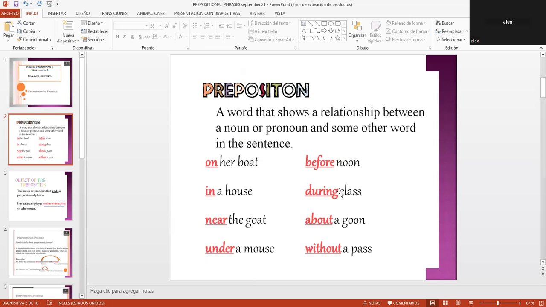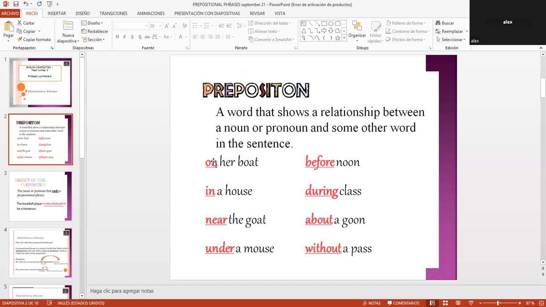Okay. So the preposition is something that describes the subject before talking about the subject, basically. In some cases, it is indicating a place or a time. For example, here, on her boat, the preposition is indicating place. Here the same thing: in a house, near the goat, under a mouse.